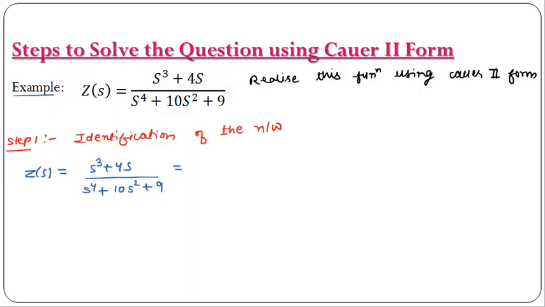Now if you observe, you will see that in the numerator we have odd polynomial and in the denominator we have even polynomial.